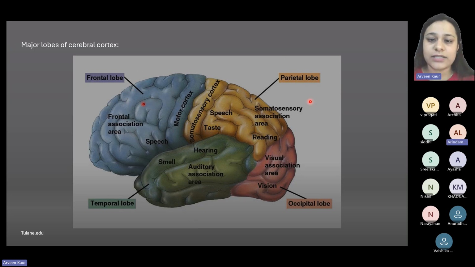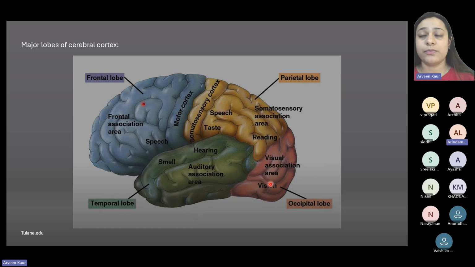The parietal lobe is associated with a lot of sensory functions, such as reading, that is the vision, and somatosensory association, and it is where the cognition or processing of somatosensory signals takes place. It is also associated with sensory information like speech and taste, right?